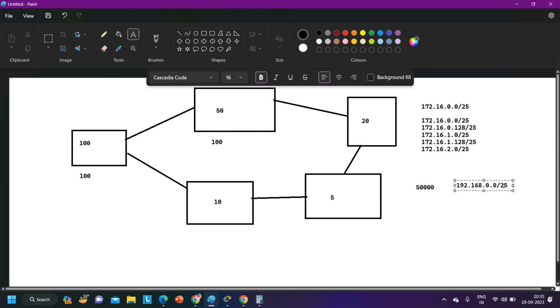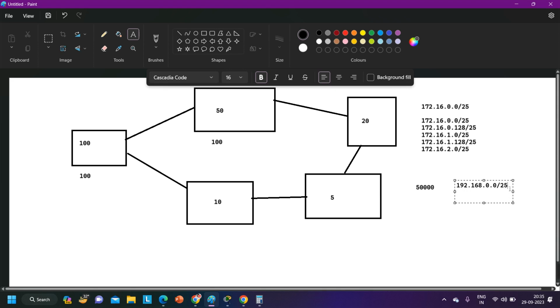But there are only two subnets, no? You need 5 subnets. We still have 192.168.1.0, 2.0, right? No, here we have 25 network bits. We cannot touch the 25 network bits, they are constant. The whole class C range is 192.168, and it continues 1.0, 2.0, 3.0 till 255.